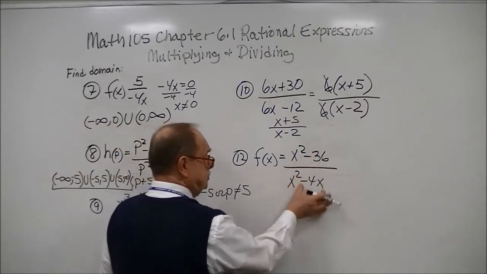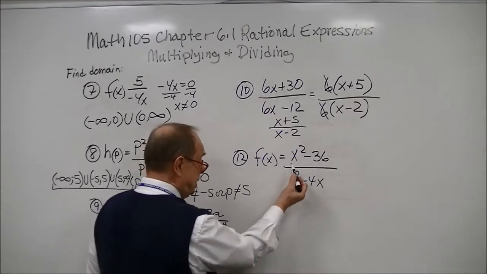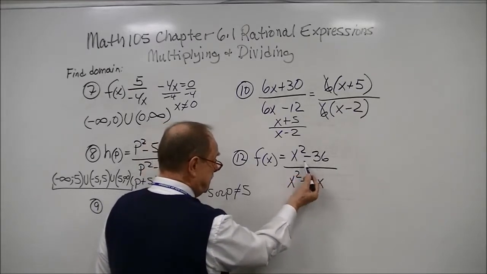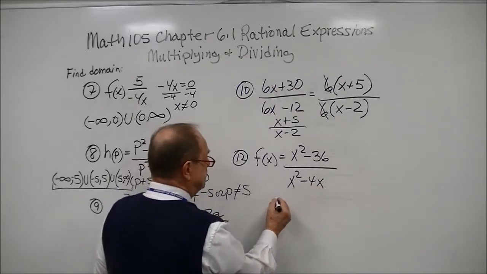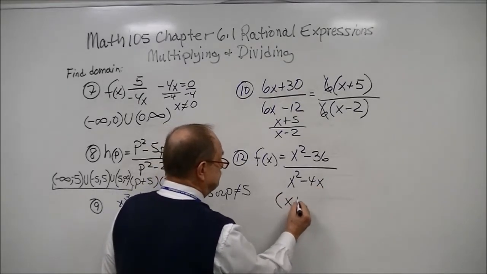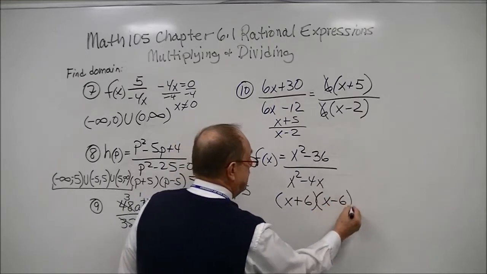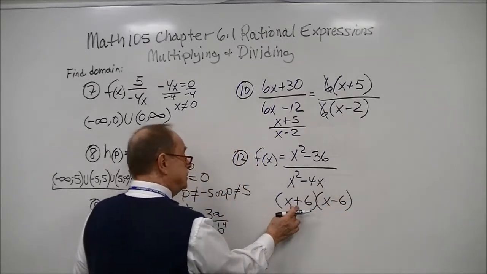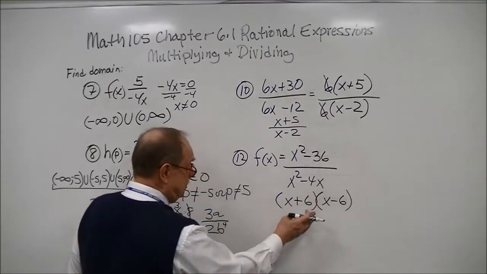And we're asked to simplify. Well, it's nice if you can recognize that this is the difference of perfect squares that will factor into its conjugates. Now remember, you could make this one negative, this one positive. This is my preference.